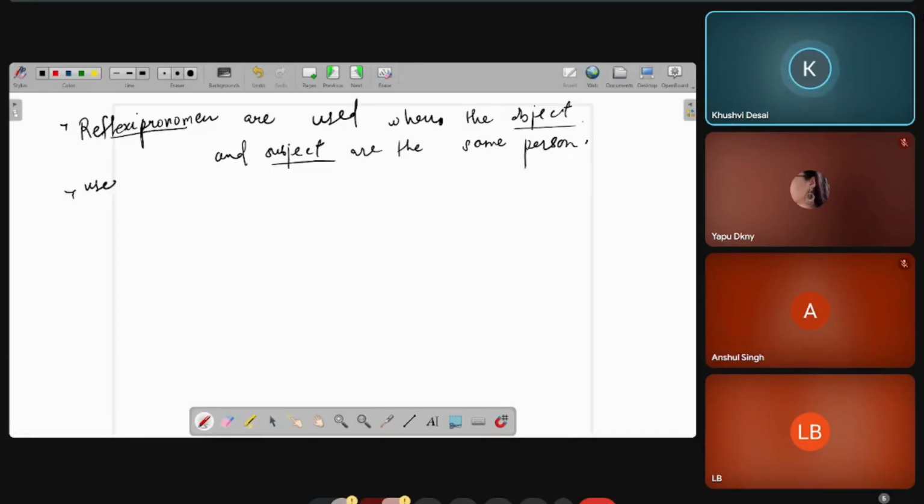And they are used with reflexive verbs. Like I showed you in this vocab PDF, there are certain reflexive verbs. With those reflexive verbs, we use reflexive pronomen, and why? When the object and subject are the same person.